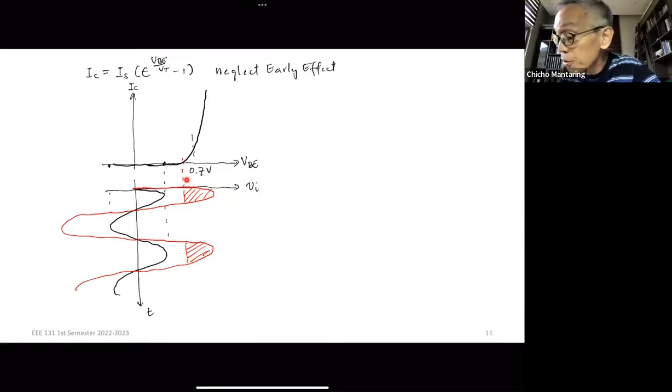Kasi pag nandito yung signal ko, yung current ko, aakyat yan, bababa, aakyat baba. In other words, ito yung input ko, mangyayari mag-umpisa ako dito sa IC equal to 0. Pagdating dito, nagkaroon ako ng collector current. Pero immediately after bababa, tapos babalik na ako dito, and then puro 0 na uli.